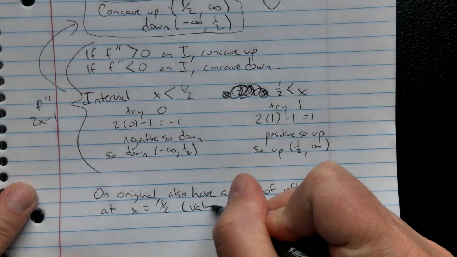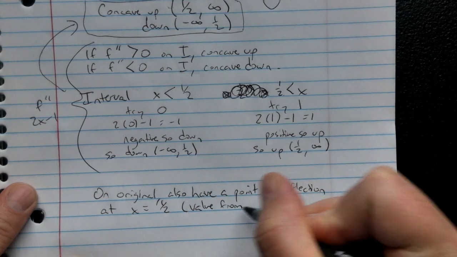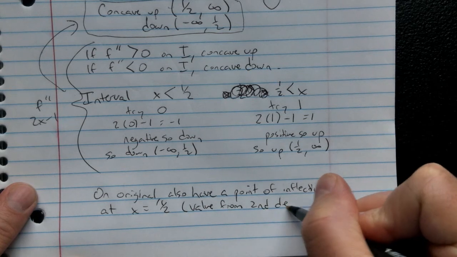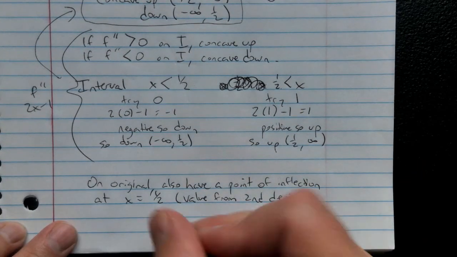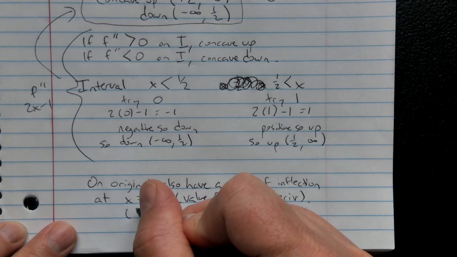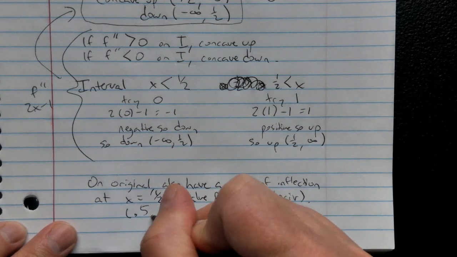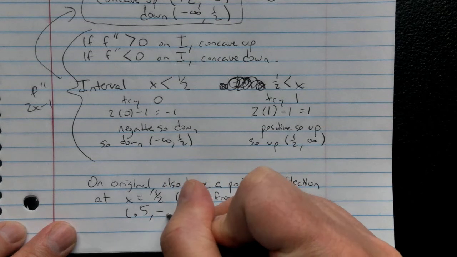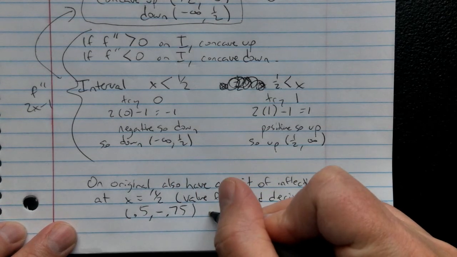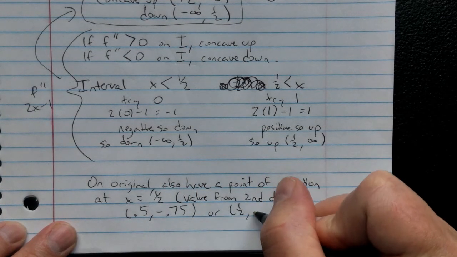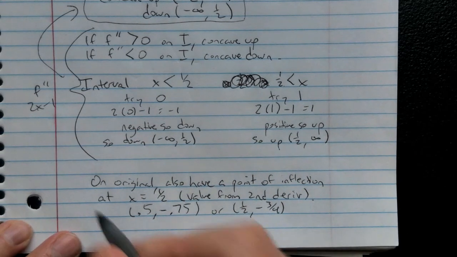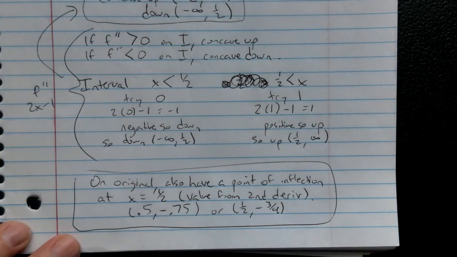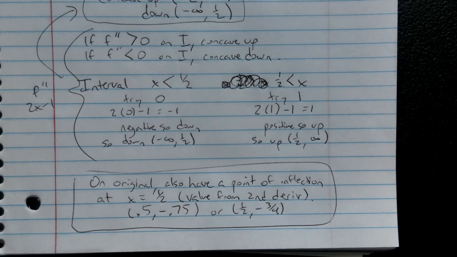That value was from the second derivative. And when you plug it in, it was 0.5 comma -0.75, which was 1/2 comma -3/4. So make sure you have this part also. And that's number 1.